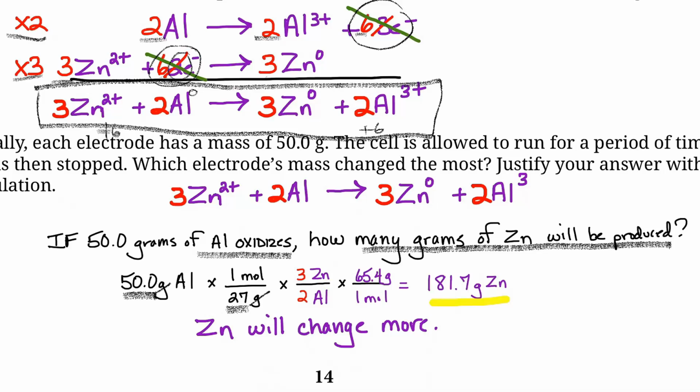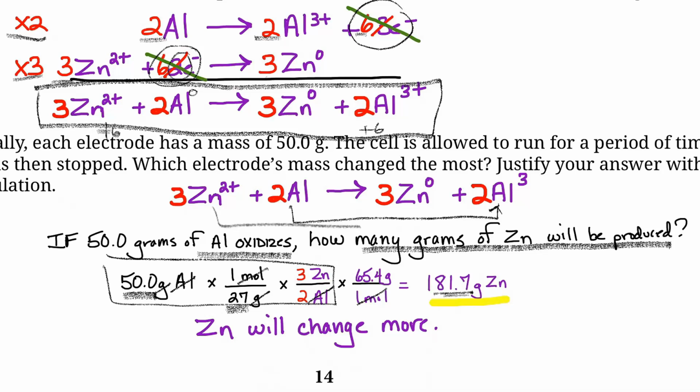Aluminum is canceled, and once I have moles of zinc, I'm going to convert that to grams. And what I found was if I used up 50 grams of aluminum, if it completely oxidized into its aqueous ion, then I'm going to produce more grams of zinc for a couple of different reasons.